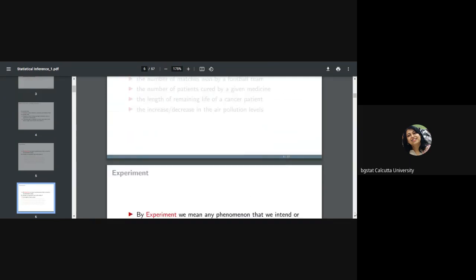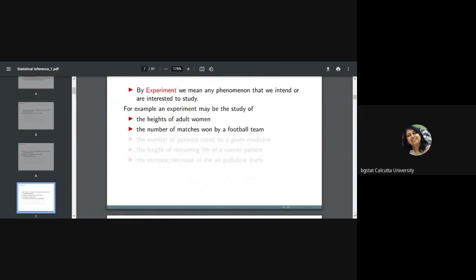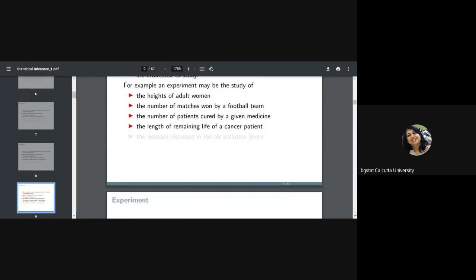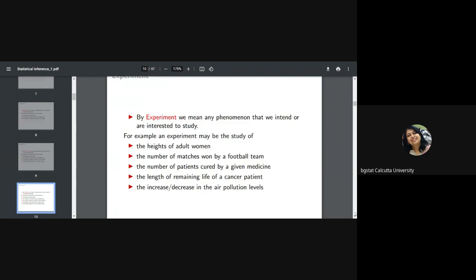I use the word experiment. So this is what we mean. We don't really mean a lab experiment. We mean any event or any phenomenon which we are interested in studying. So here are some. Maybe we want to study the heights of adult women, the number of matches won by a football team, the number of patients cured by a given medicine, the length of remaining life of a cancer patient, the increase or decrease in the air pollution levels.